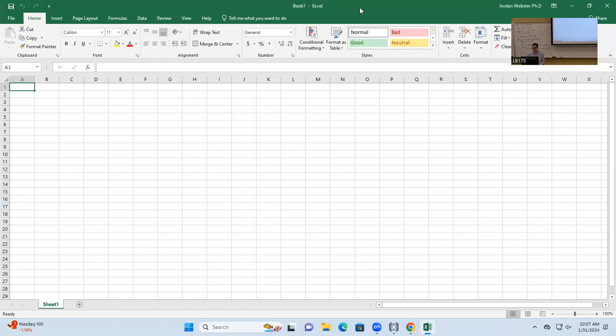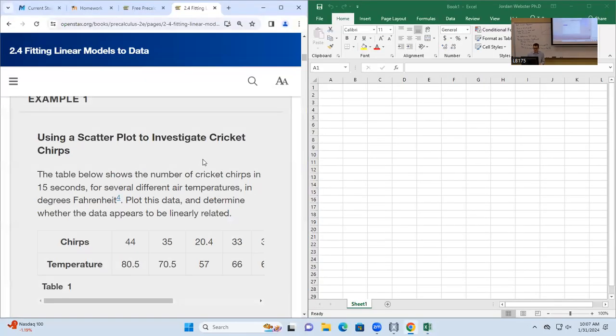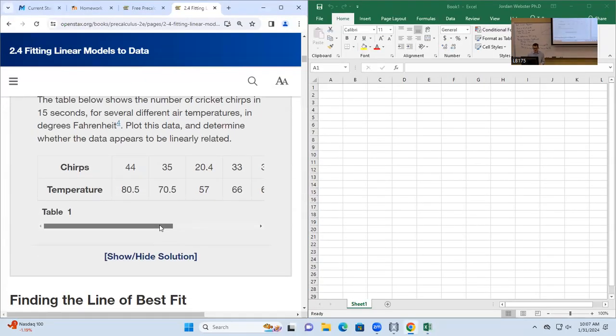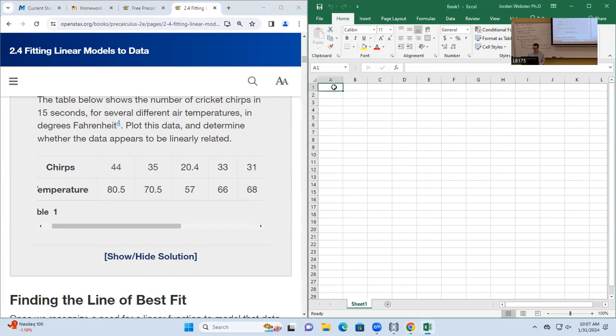So here's what I'm going to do. We have chirps and temperature. So we go 44, 35, 20.4.